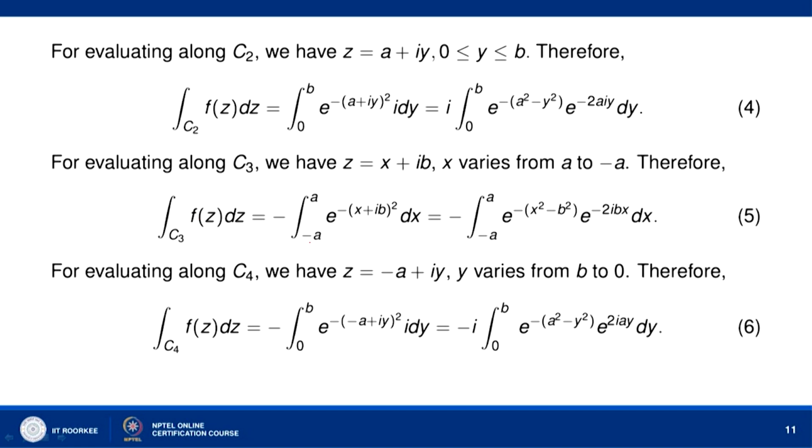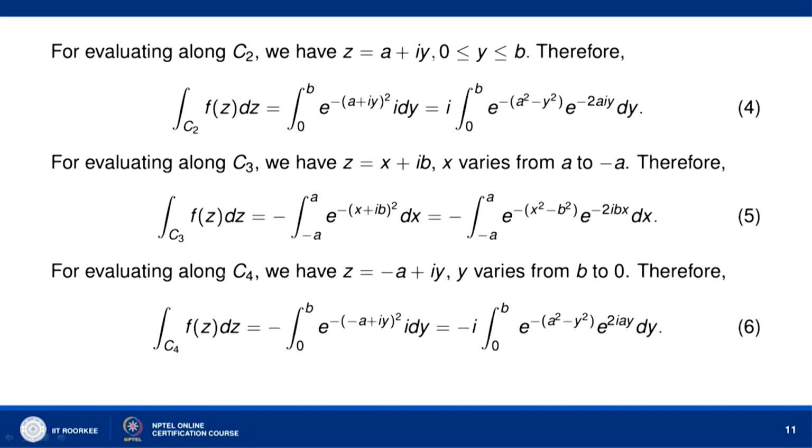So, along C3 we have, now from a to minus a we can make it from minus a to a, but we have to put negative sign here. So, minus integral over minus a to a e to the power minus z square. So, e to the power minus (x plus ib) whole square and dz equal to dx. So, we put dx here. So, minus integral over minus a to a, you can now square this. So, then e to the power minus x square minus b square, and then we get e to power minus 2ibx dx.